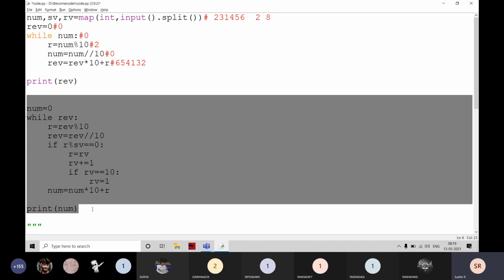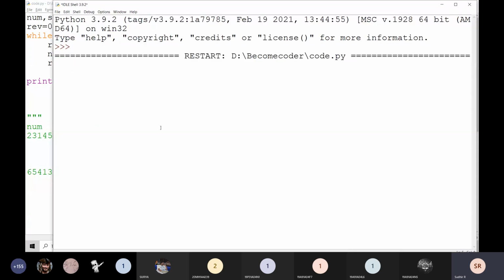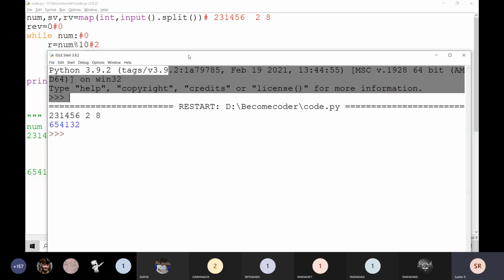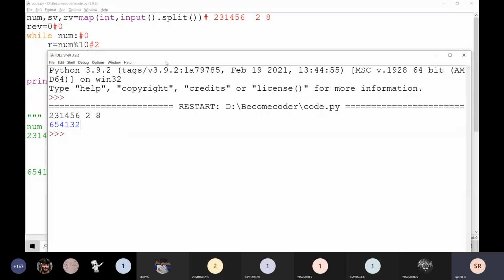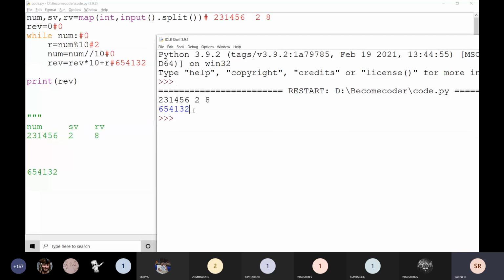If you observe here, if I am going to execute it, the number is 231546 and 2 and 8, for example. Just observe here the value. I am going to check at this point. Is it working or not? Is it working perfectly or not? If it is working perfectly, then only I will go for step 2.